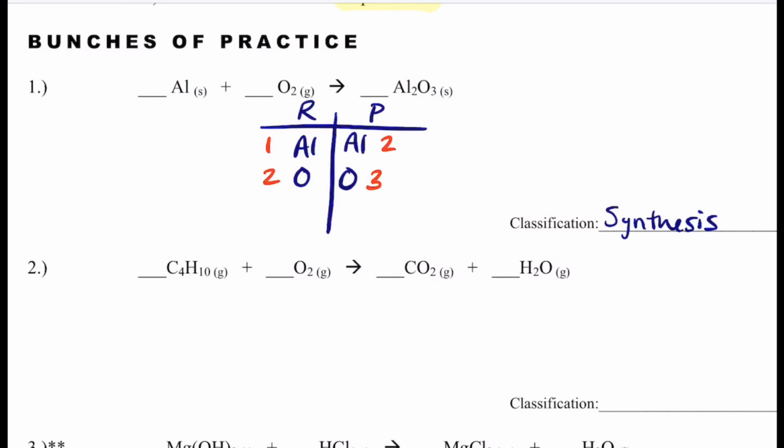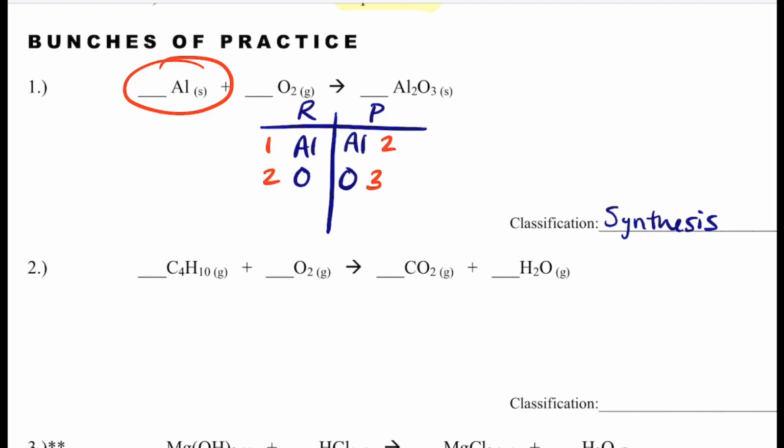Okay, as I go through this, I'm going to give you some tips and tricks on what I think is important and some things that I have developed to help me out. One of them is that if I have a lone element, as I do here with aluminum, I am not worried whatsoever about balancing that. The reason is that however many aluminums I need, I will just put that number right there and go on my way, because then that aluminum is balanced.